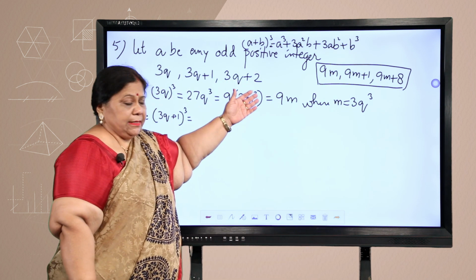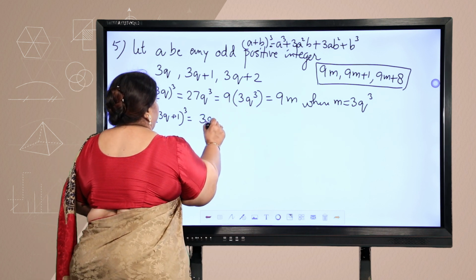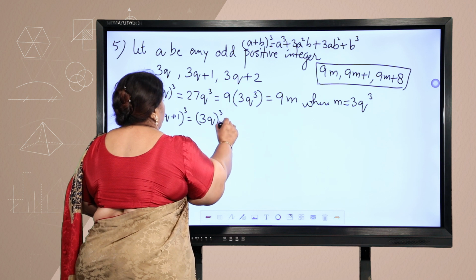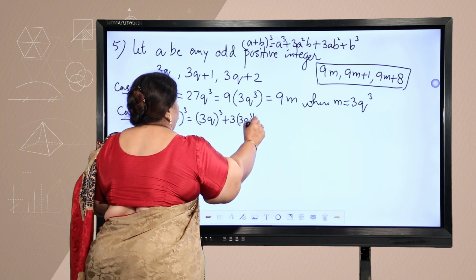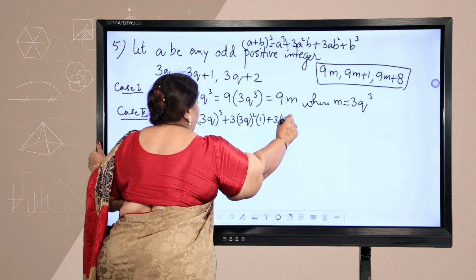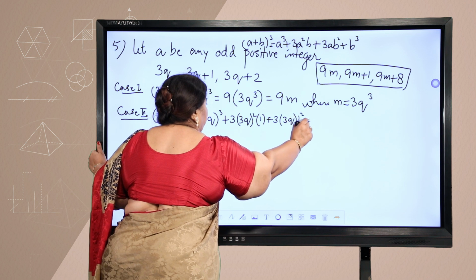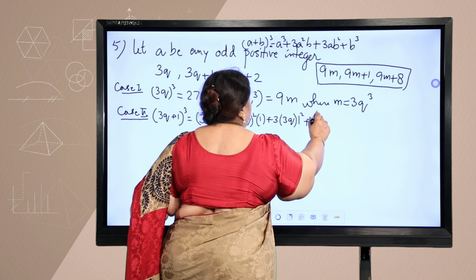I will use this identity to expand this. Look here, we have a cube plus 3a square b plus 3ab square plus b cube, that is 1 cube.